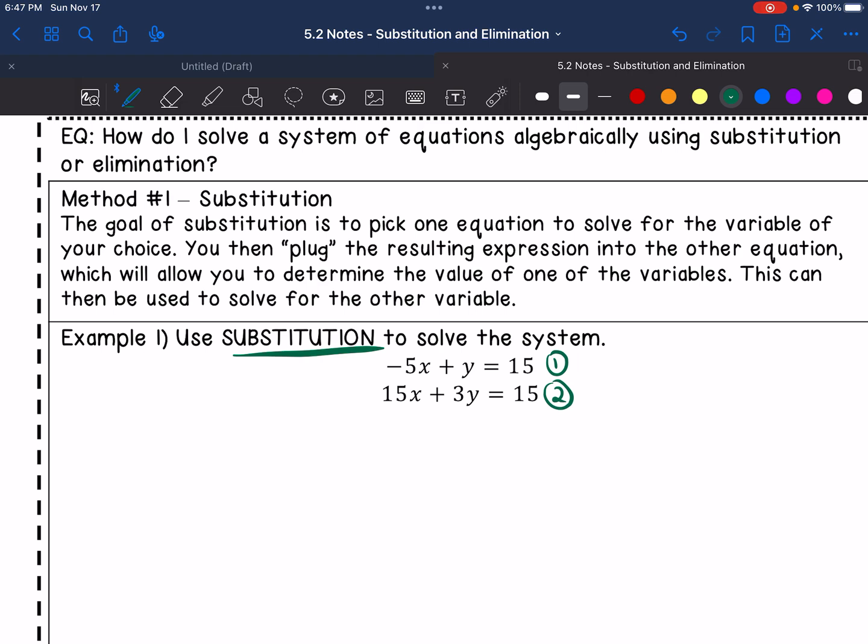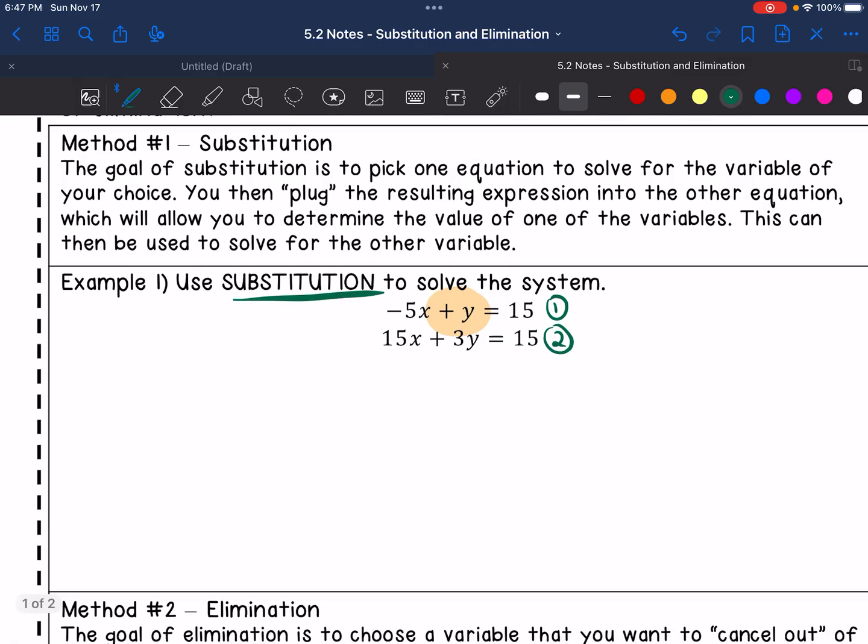I just got to pick one, right? So let's say I'm looking at equation 1 and I notice that it has a plus y. Okay, that means that all I got to do is get the x to the other side, and I'm not going to have to divide by anything to get y by itself. So I'm going to solve for y.